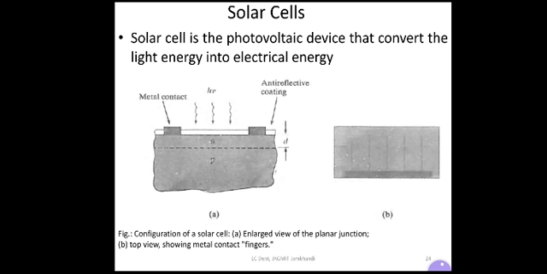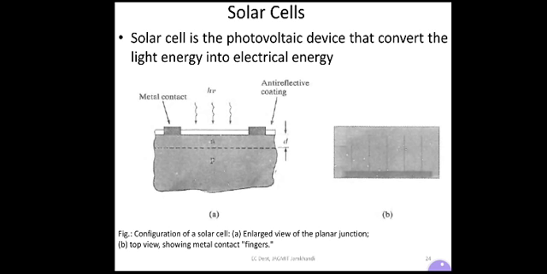Due to this absorbed energy, the electrons are liberated and produce an external DC current.